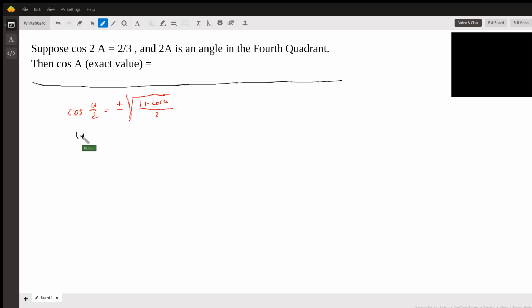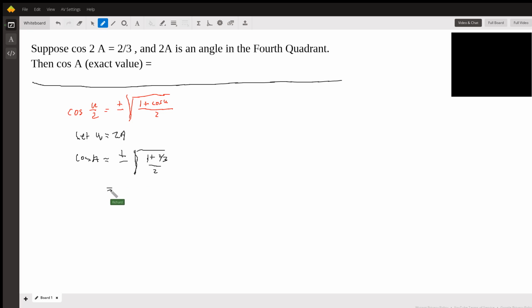So we'll let u be equal to 2a. Therefore, the cosine of a is going to be plus or minus the square root of 1 plus the cosine of u. Cosine of u, we're told, is 2/3, over 2.